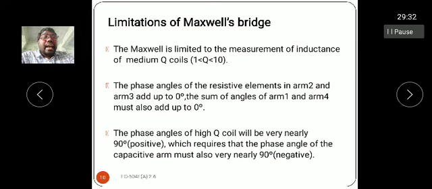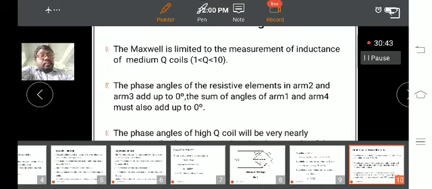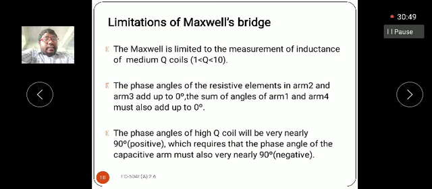And the phase angle of a high quality coil will be very nearly 90 degrees positive, which requires that the phase angle of the capacitive arm must also be very nearly 90 degrees negative.